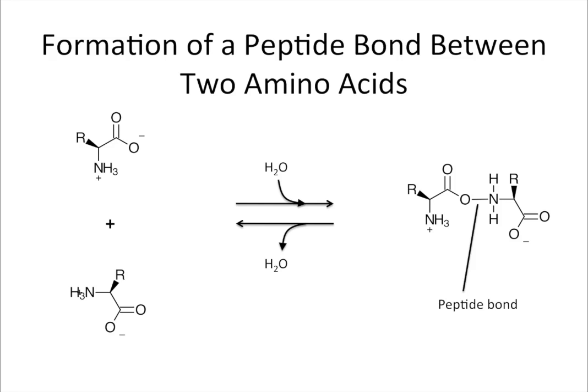One is called phi, that's the Greek letter phi, and the other is psi. Essentially, the dihedral angles that result from the carbonyl carbon and the alpha carbon, and the amide nitrogen and the alpha carbon, determine the peptide secondary structure.